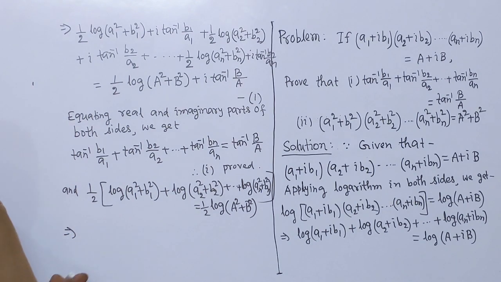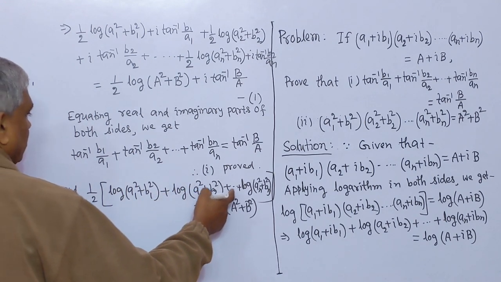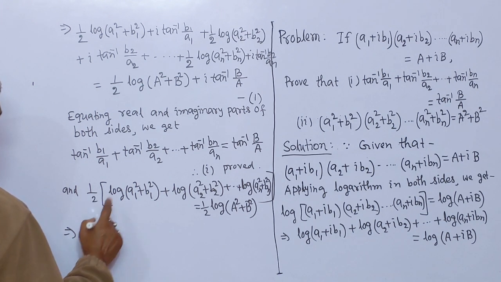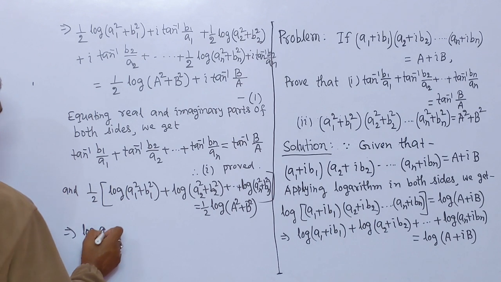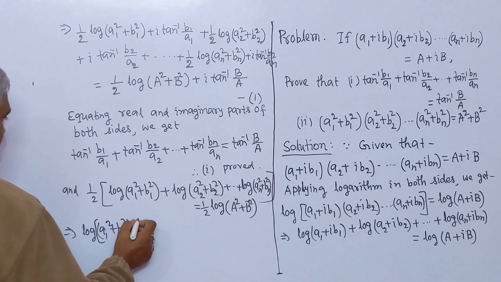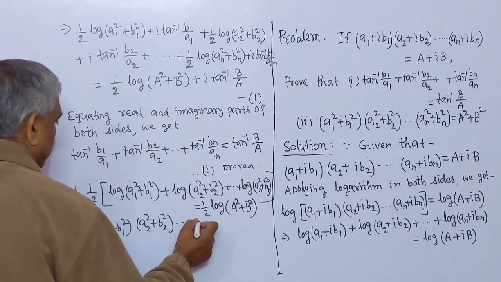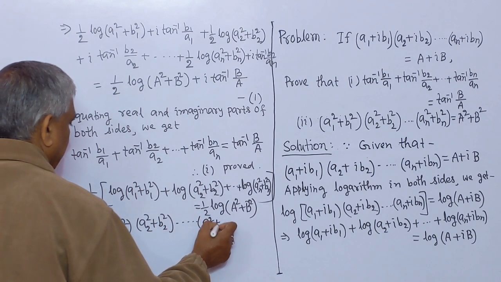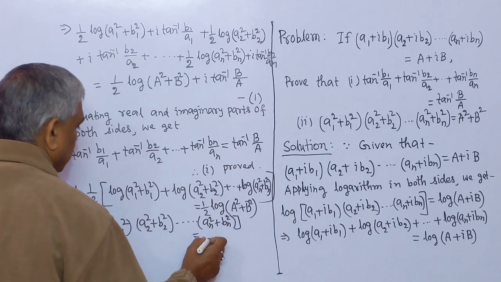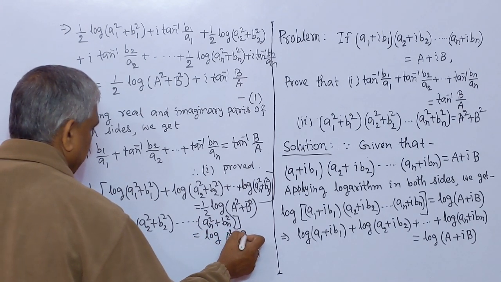Implies that half cancels on both sides, and log A plus log n plus dot dot dot equals log of (A1 square + B1 square) multiplied by (A2 square + B2 square) multiplied by dot dot dot (An square + Bn square) equals log (capital A square + capital B square).